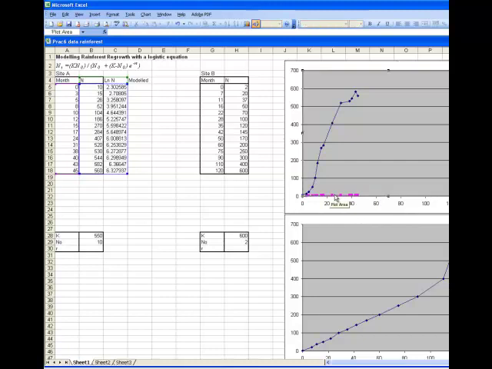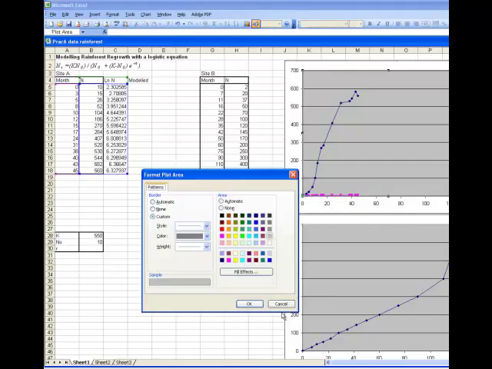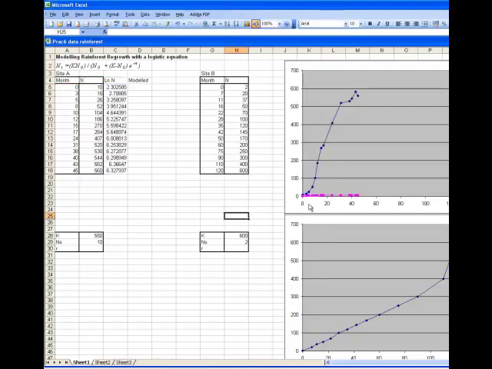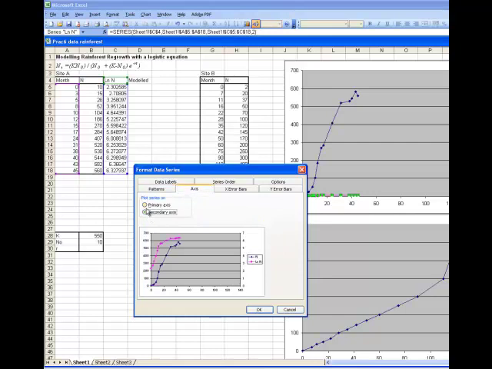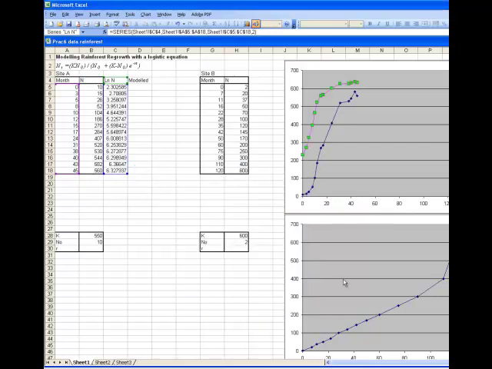So if we select the data set, we can select the axis, plot it on a secondary axis, and you can see that it is linear, which is the equivalent to exponential growth in the unlogged data. So this is the exponential part of the curve, exponential growth, and on logging it becomes a straight line.